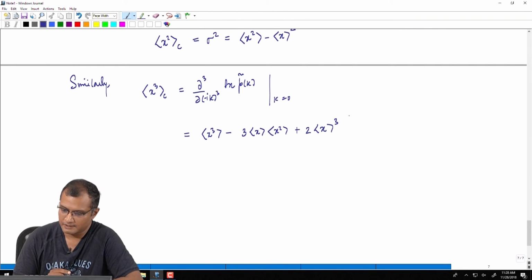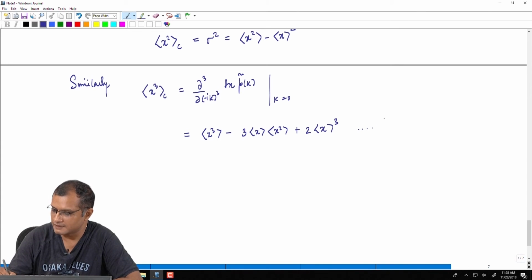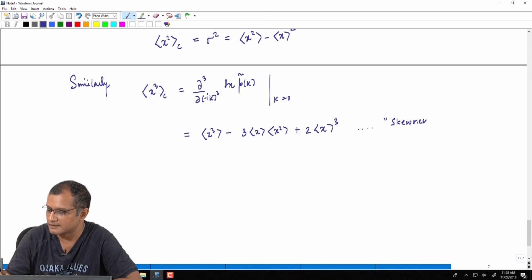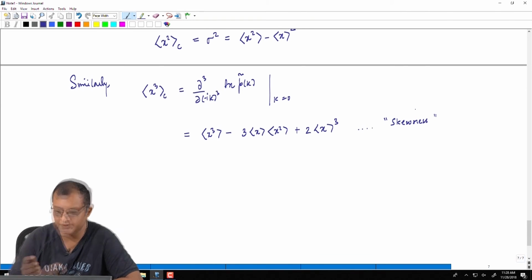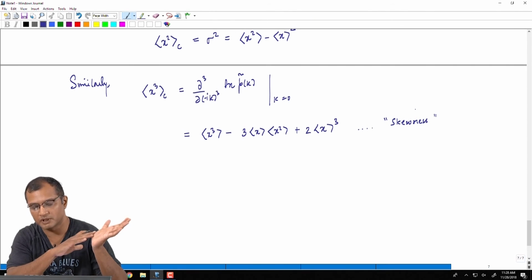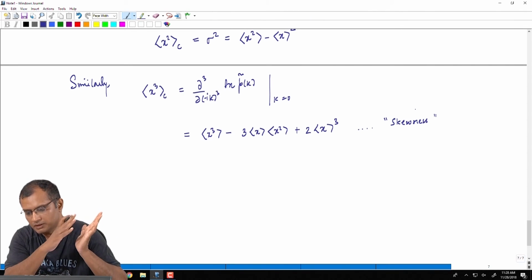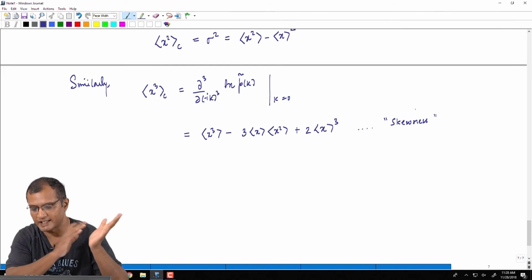Okay. And this quantity has a significant meaning in statistical mechanics. This is called the skewness of a random variable. It will tell you whether the distribution is skewed towards a positive tail side or a negative tail side.